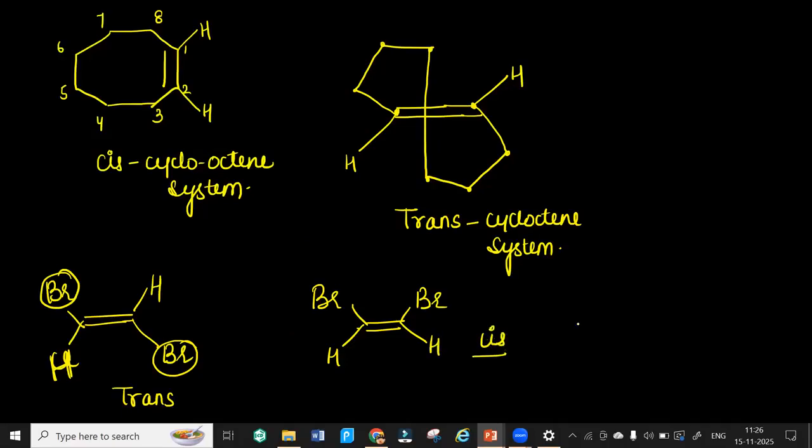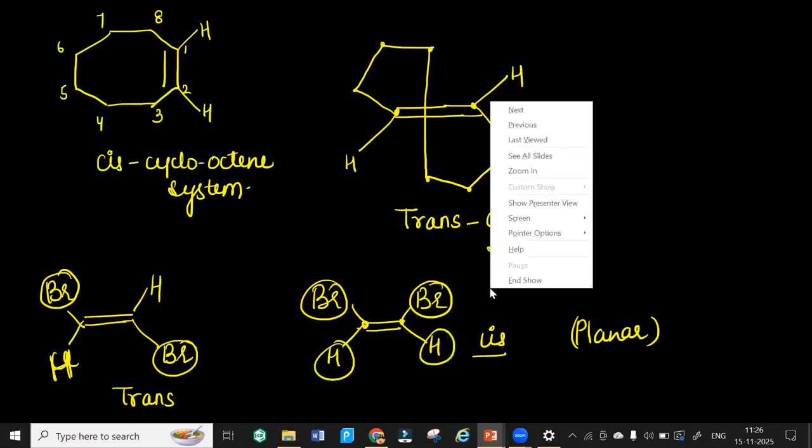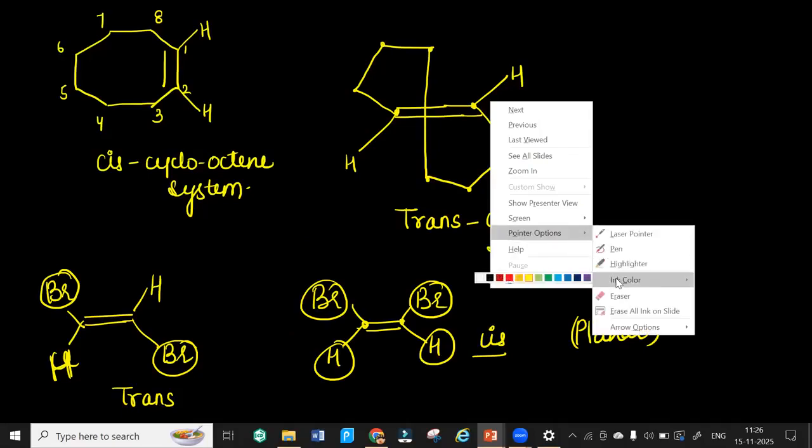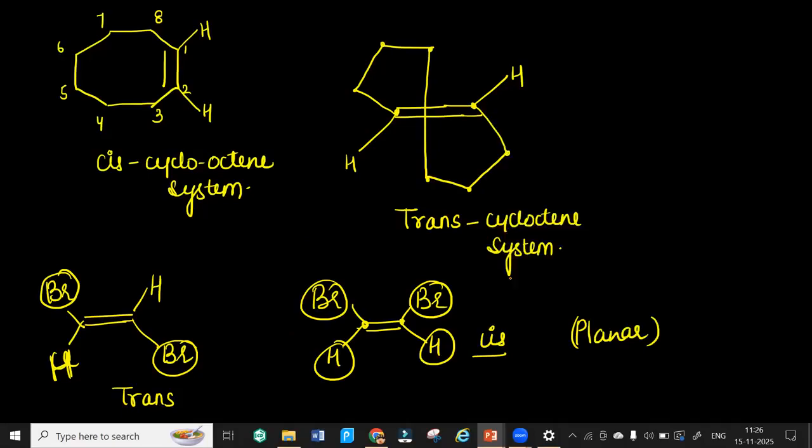And we know that this system is planar, so all the groups which are directly attached to this double bond, this group, this group, this group, this group, these are in the plane. You study it like this, this system is planar, so the groups which are attached to the double bond are in the plane.